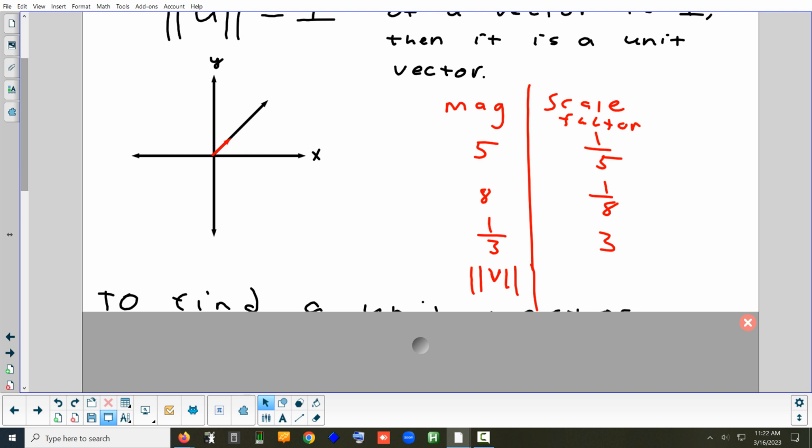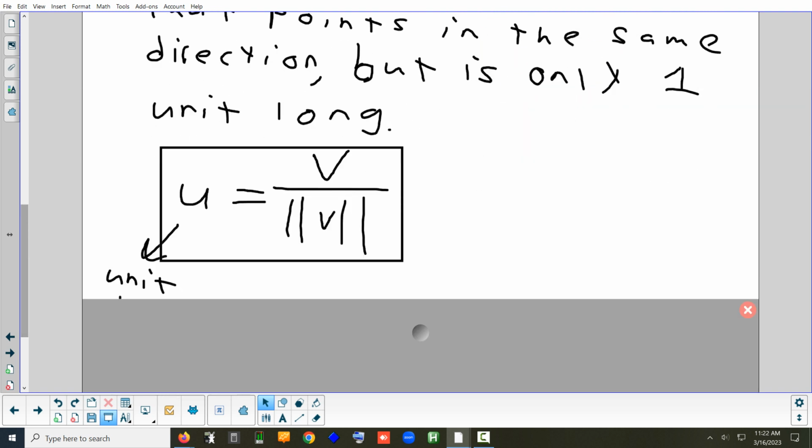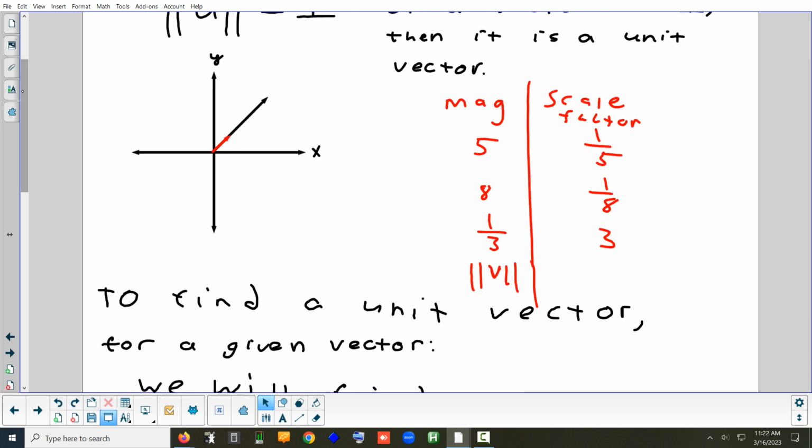So if your magnitude is a number, multiply by the reciprocal, and that will turn it into a unit vector, which I think I have written down right here. So 1 over the magnitude. That's the pattern.